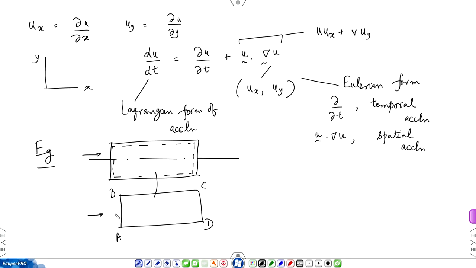Flow is from left to right. These are surfaces 1, 2 and 3 is the solid wall.